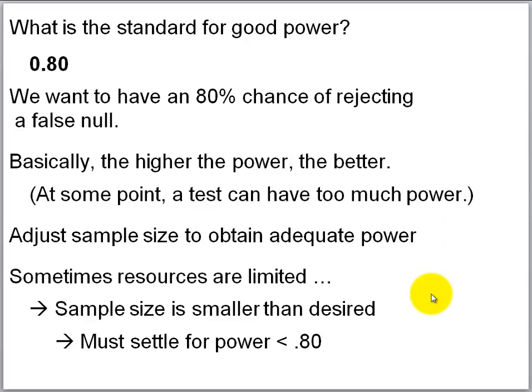Sometimes resources are limited, and it's not possible to get a sample size sufficient for power of 0.80, so you need to settle for power that's less than 80%. But in those situations, should you fail to reject the null, you're not going to really know whether there really is no difference, no relationship in the population, or whether there is indeed a relationship and you just didn't have sufficient power to find it.